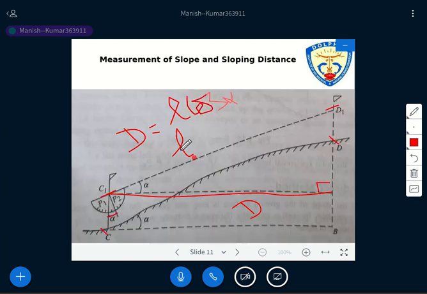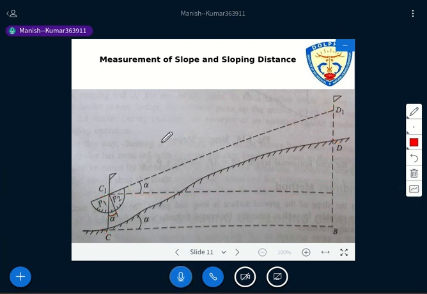Right? So now this is the horizontal equivalent of the sloping length here, and we have to repeat the same process for the whole slope. Let me show you some more examples. For example, if you have a slope like that, how can the measurement be taken?